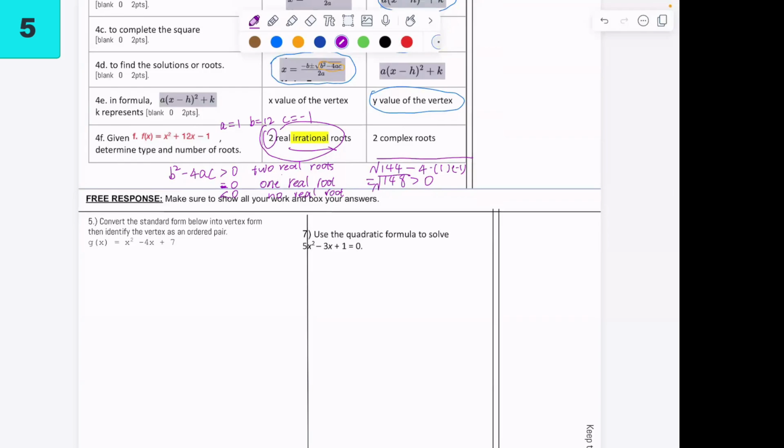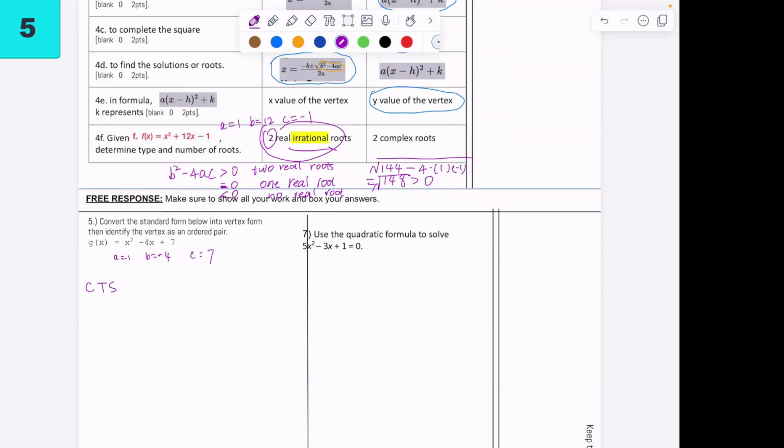So this question is asking us to do the CTS, completing the square. So how do we do completing the square? We need to find out a is 1, b is minus 4, c is 7, right? And then we do the CTS.